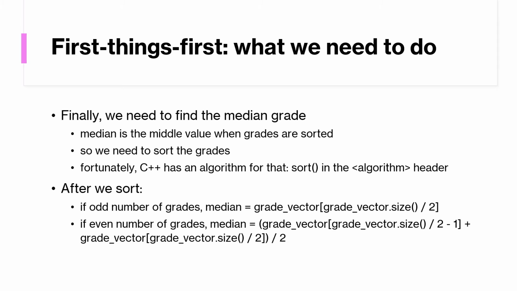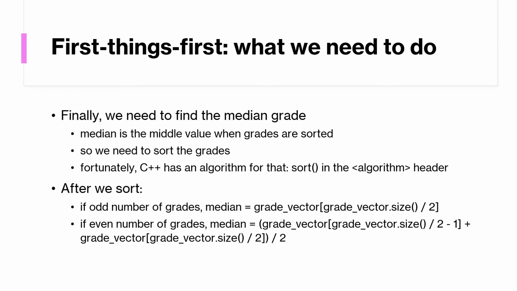So we take grade vector dot size divided by 2 and use that as the lookup value. If there's an even number of grades, we have to average the one that's just before the midpoint, which is grade vector dot size over 2 minus 1, with the one that's right after the midpoint, which is grade vector dot size over 2.